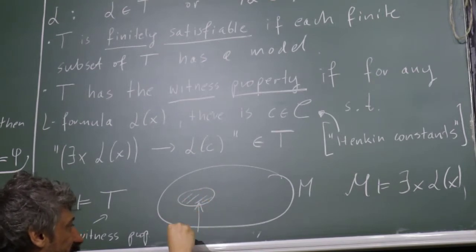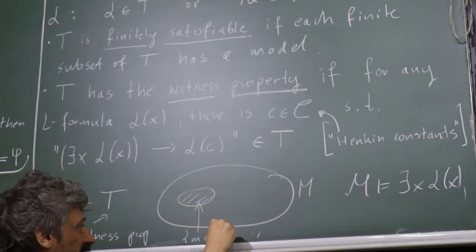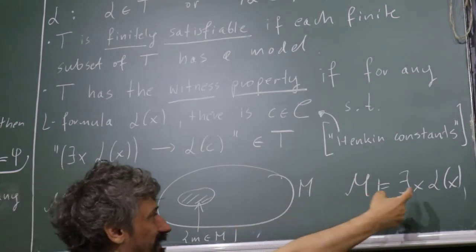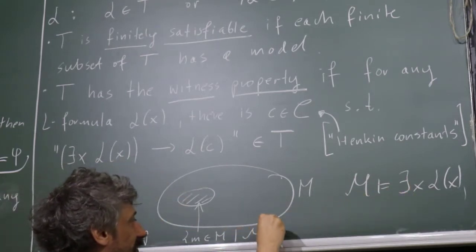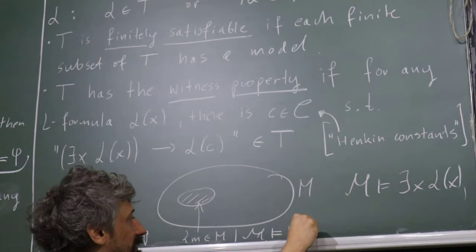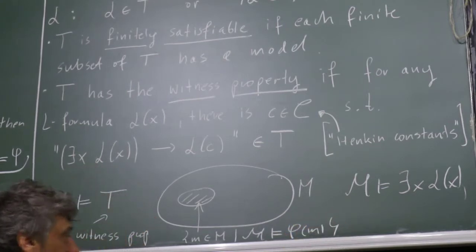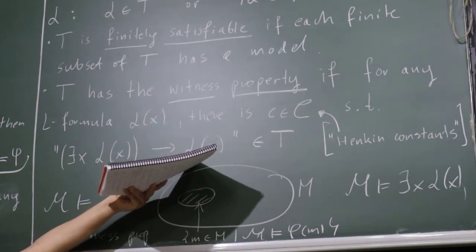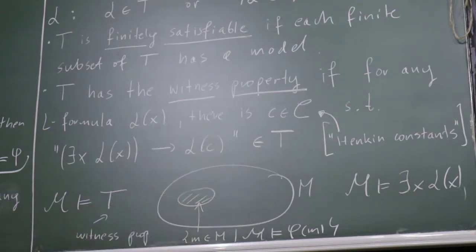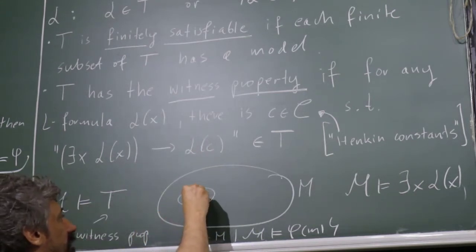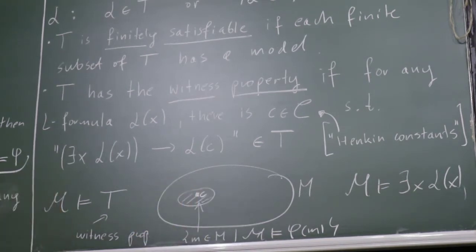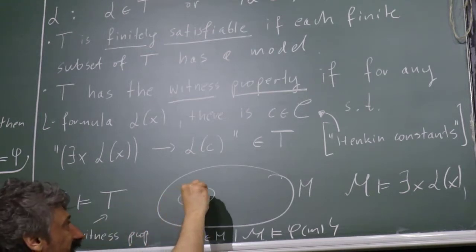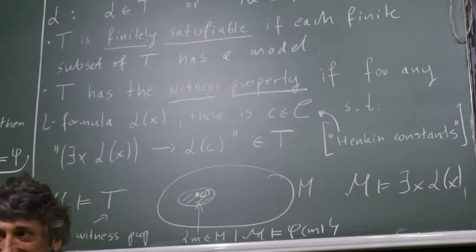So this is the set in M, non-empty, of elements satisfying alpha. The witness property says that in this set we have this constant c, or c^M if you want to see the interpretation.